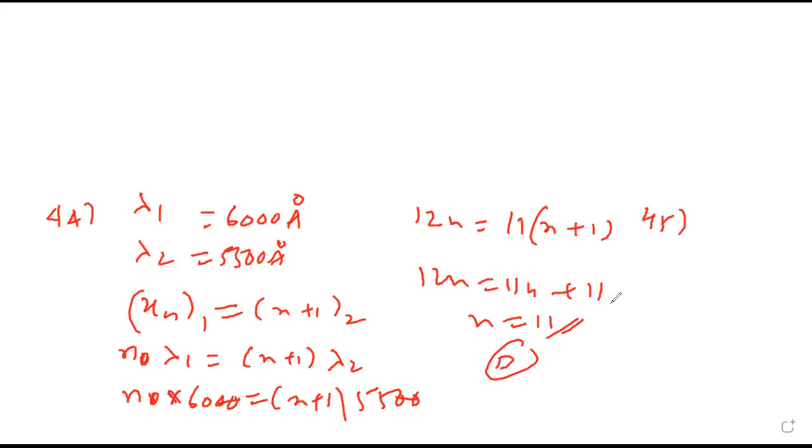A light of wavelength lambda is incident on single slit, width a, distance D from slit. In diffraction pattern, width of central maxima is equal to width of slit. Then what is it? Width of central maxima is 2 lambda D by d, and that is same as d, is 2 lambda D by d. One d cancel. Therefore, capital D is 2 lambda.